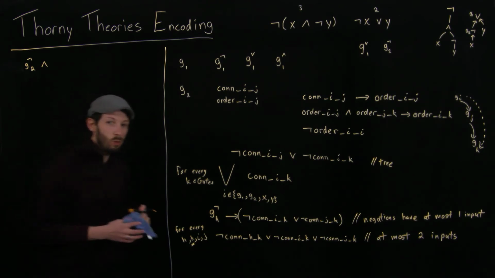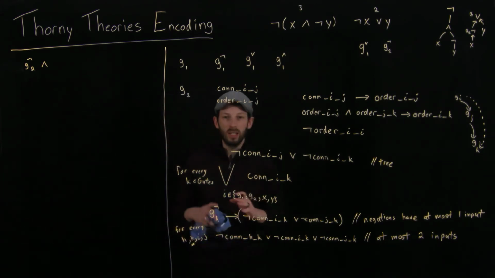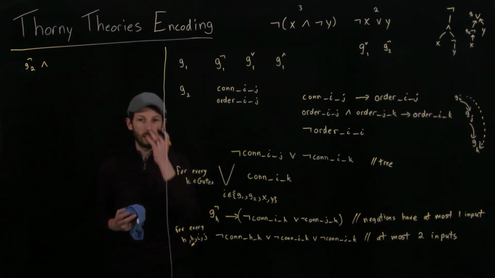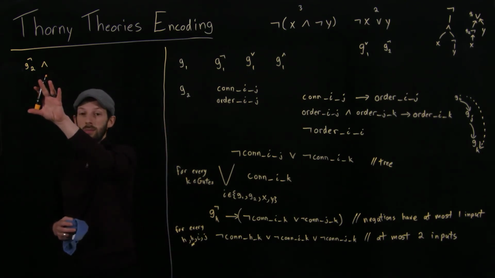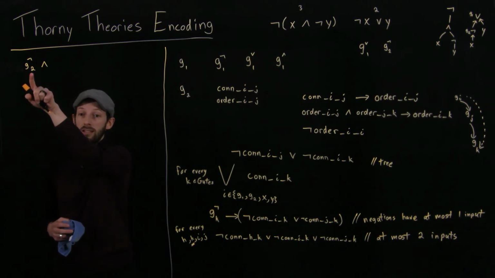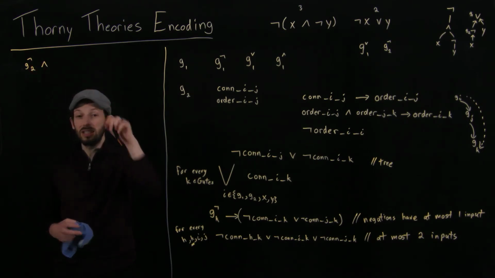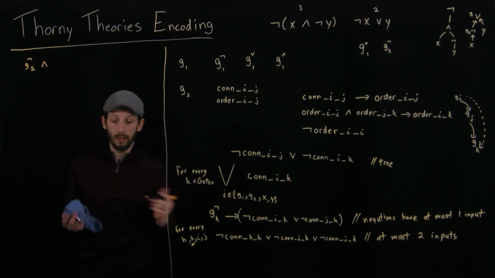Right. So what we need to do is, in every possible way that things could be connected, define what the input and the output is. And so what I'm going to do is give an example for a particular gate, G2, a particular way that we've set it, its negation, and the possible inputs that could be there, just to give a sense of what these constraints look like. Okay?